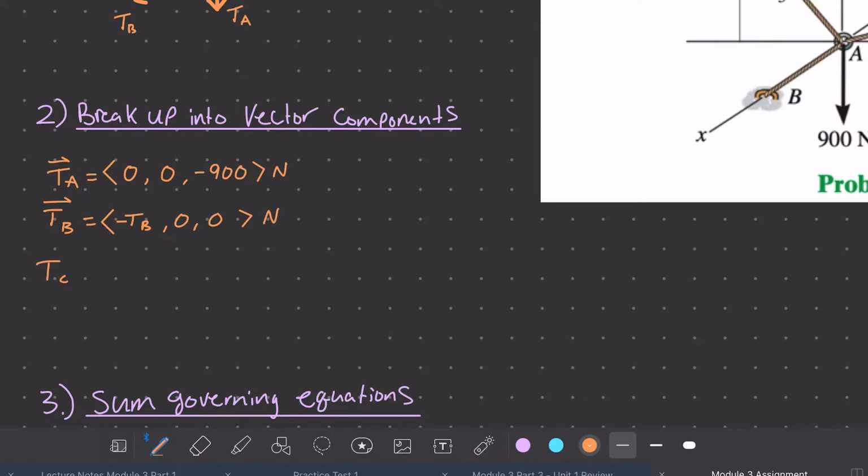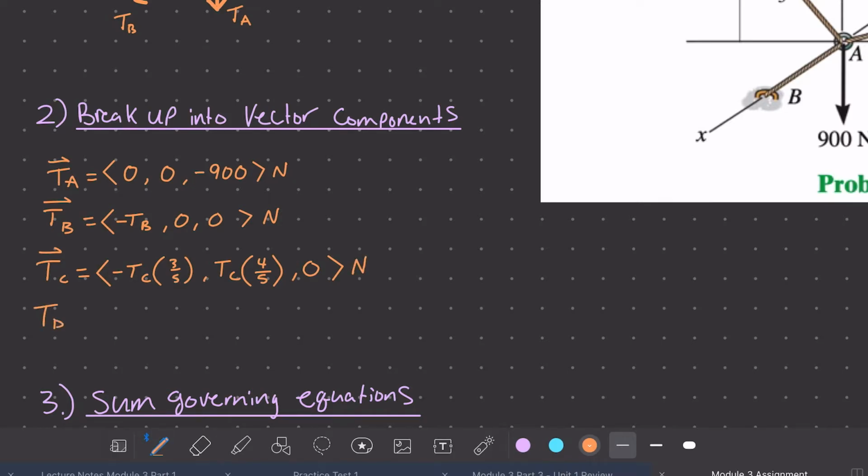For vector TC, the x component will be negative TC multiplied by 3/5. The y component will be TC multiplied by 4/5. The z component will be 0, and that'll be newtons.